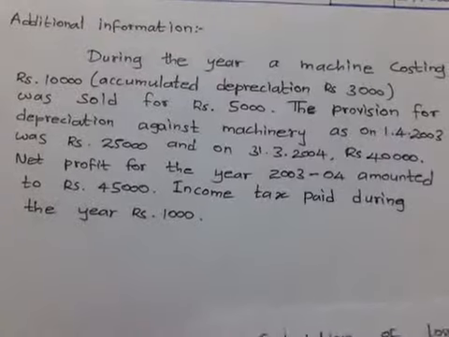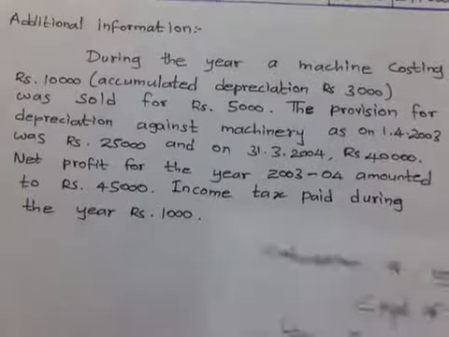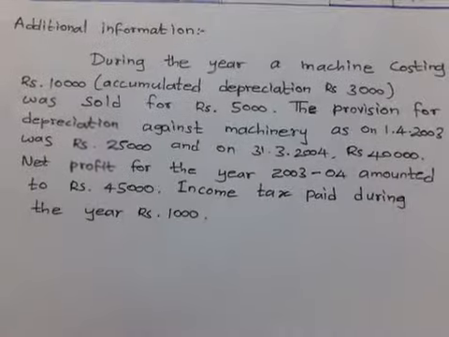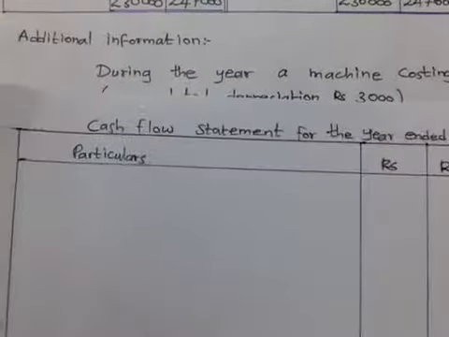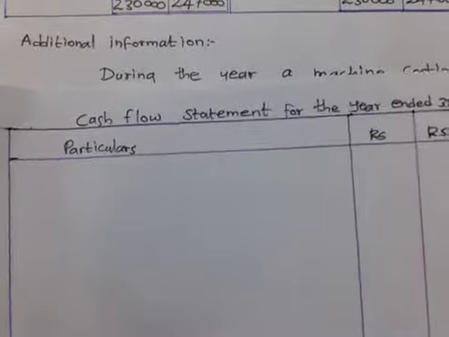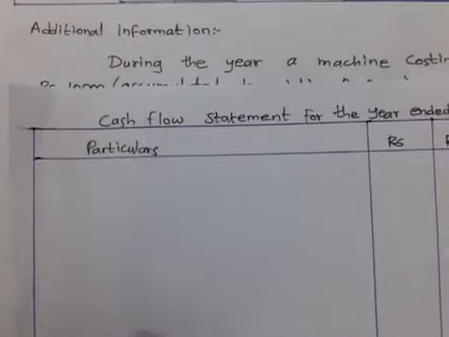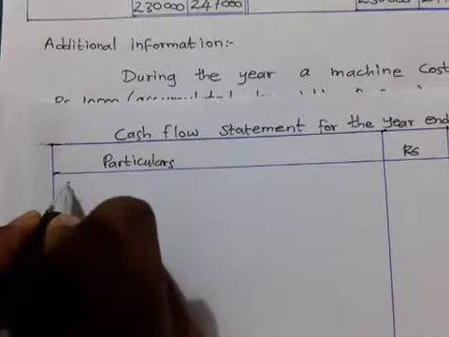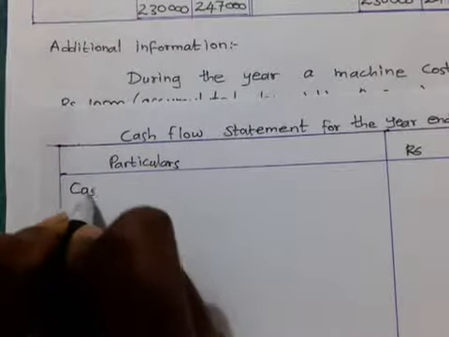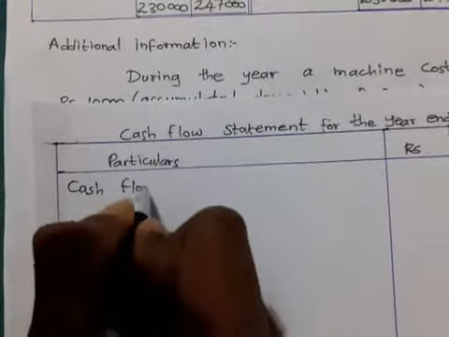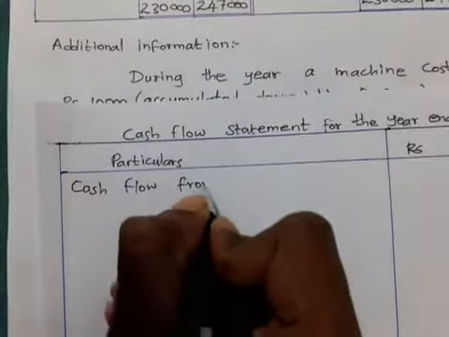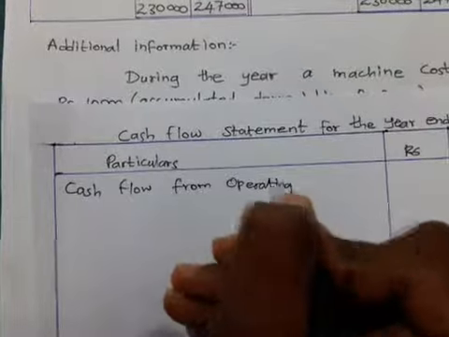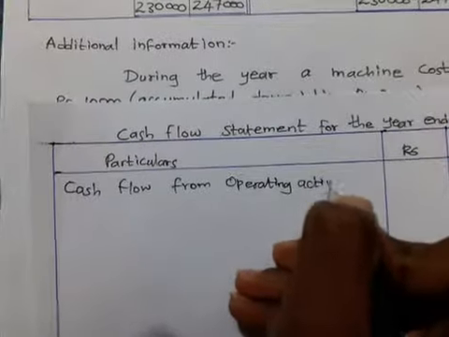So we have to record this information in cash flow statement. First thing is cash flow from operating activities.